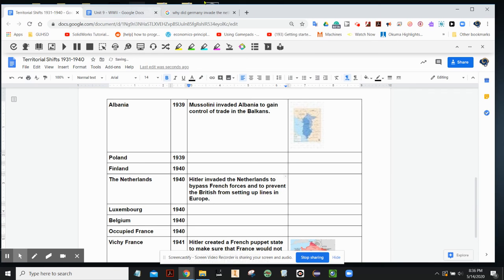So basically what he wanted was to capture the land and also the seaports that would build the basis for the British to come in and land on the continent and attack Germany. So we know the who, the what, and the why.